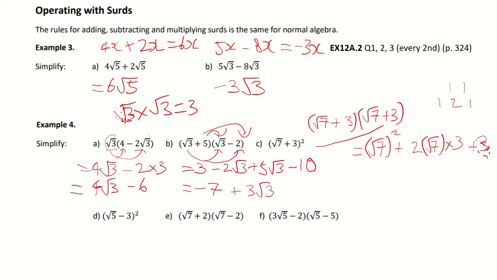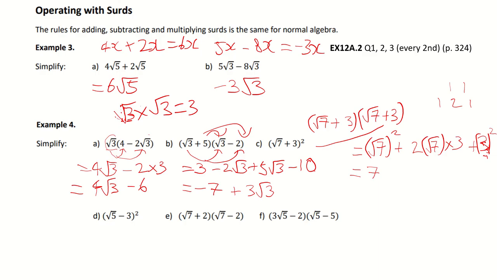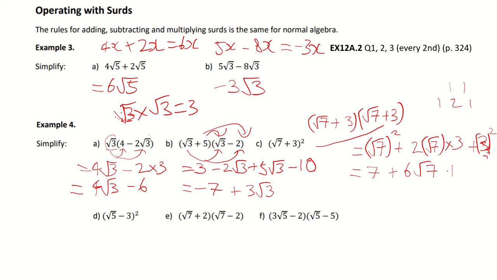So it's going to be square root 7 squared, which is 7, because square root 7 times square root 7 is 7. And then 2 lots of square root 7 times 3. Well, 2 times 3 is 6, so we'll have 6 lots of square root 7. And then we'll have 3 squared, which is 3 times 3, which is 9. Which we can then simplify to 7 plus 9 is 16, plus 6 lots of square root 7.